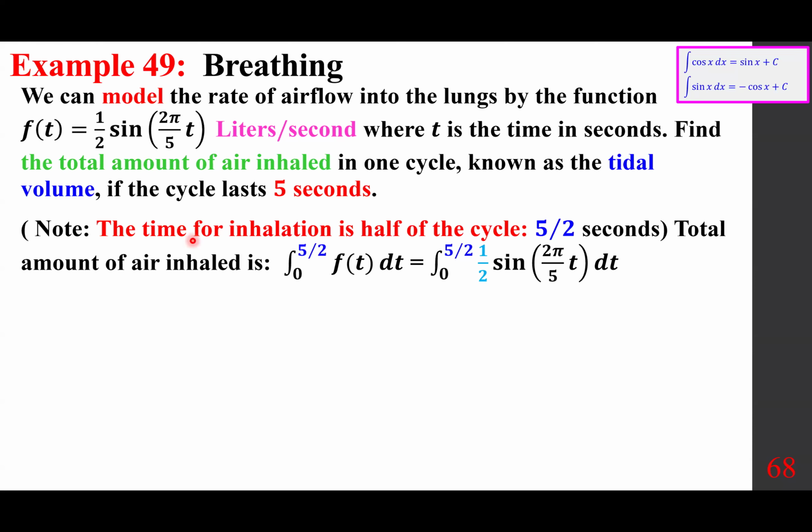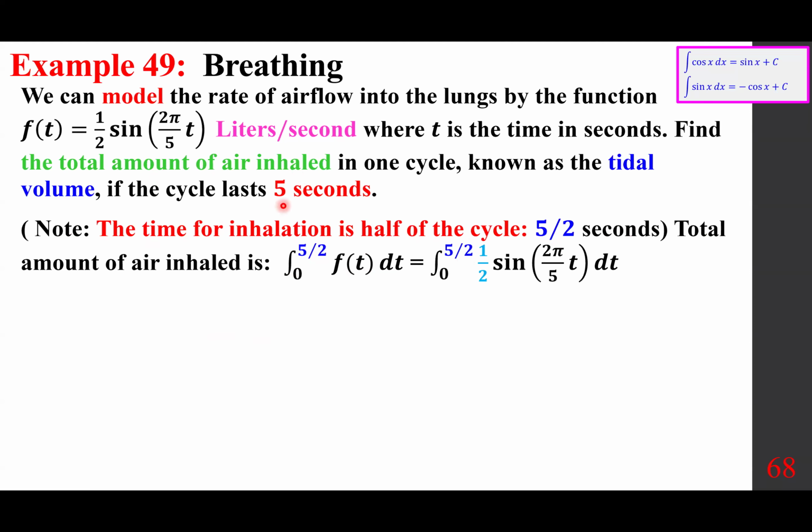Now, note the time for inhalation is half of the cycle, 5/2 seconds. Total amount of air would be the integral from 0 to 5 over 2 of f of t dt. This is the accumulated change, the net change theorem. Plus, we are assuming the amount of time it takes to breathe in and breathe out are identical.